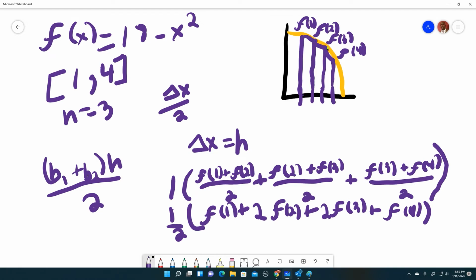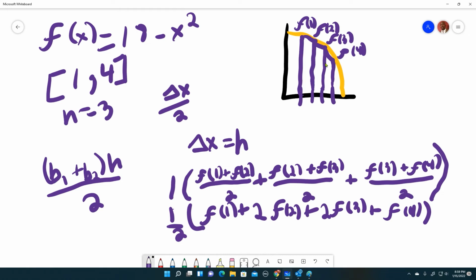F of 3 is a base for the trapezoid from 2 to 3. It's also a base for the trapezoid from 3 to 4. That will happen with every number except for the first and the last, so every number except for a and b. So when I do this trapezoidal sum, I will double f at every value except for f of a and f of b.